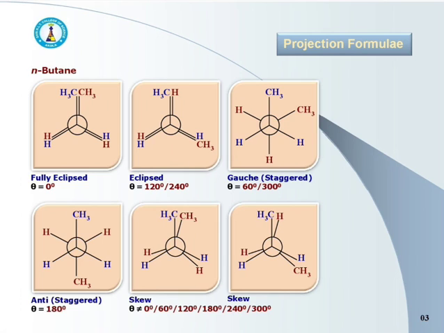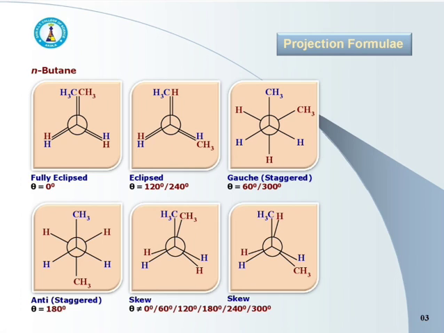First two are the eclipse representations by the Newman projection formula. First one is the fully eclipse and the second one is the eclipse one.